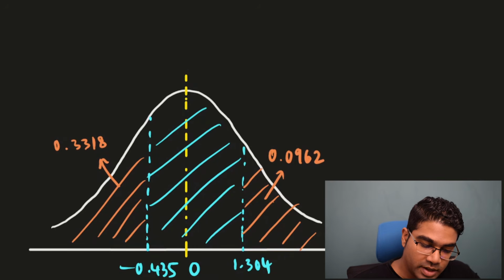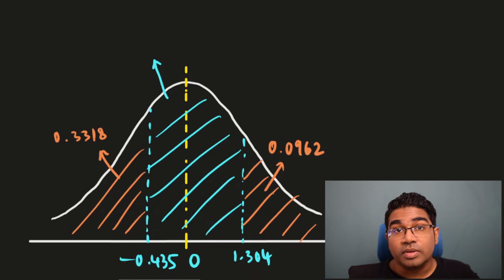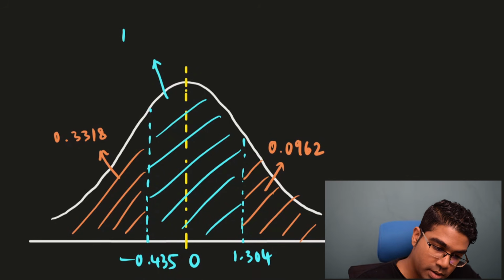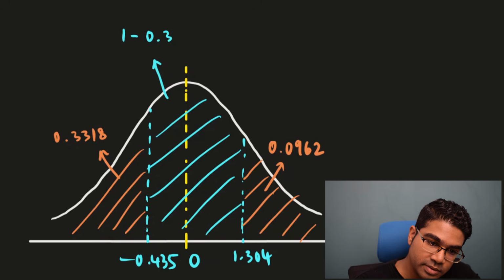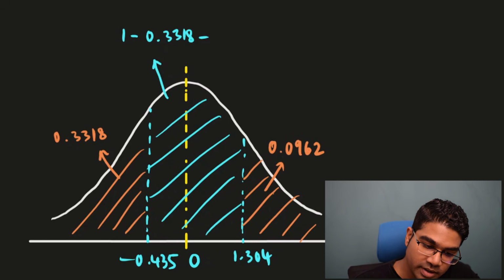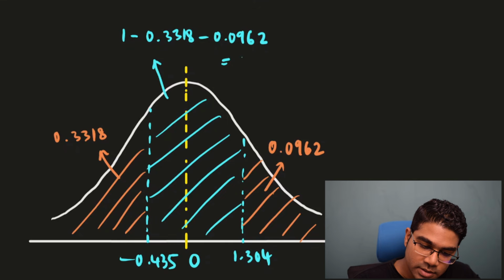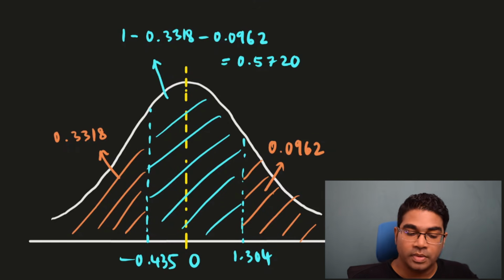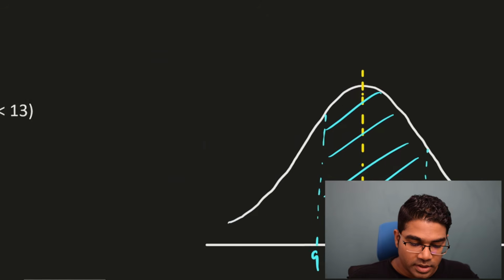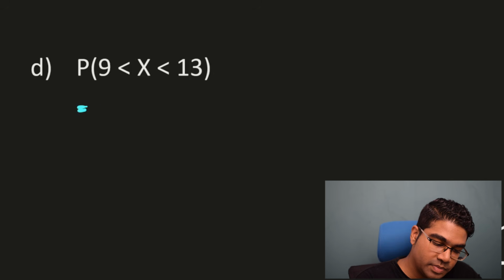If we wanted to find this area, which would represent the probability, that would simply be 1 minus 0.3318 minus the left side and minus the right side, 0.0962. And the value that we would get here is 0.5720, which would mean the probability of X between 9 and 13 is 0.5720.